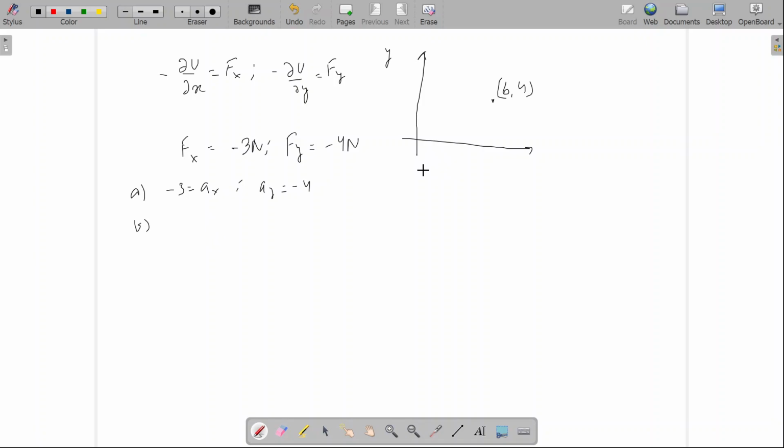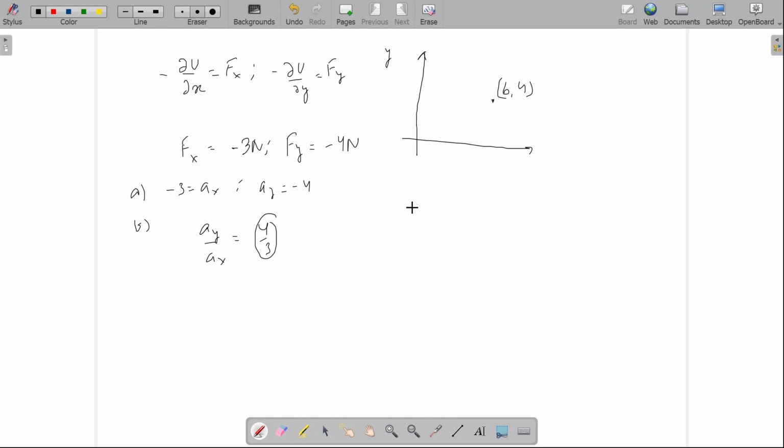So we can do it in this way: what would be the direction of motion of the particle? If we want to find that, we can take the ratio ay by ax. So that is 4 by 3. So from the point (6, 4), we draw a line of slope 4 by 3.